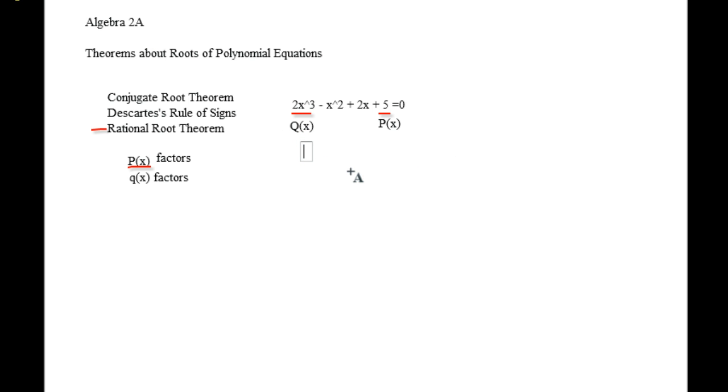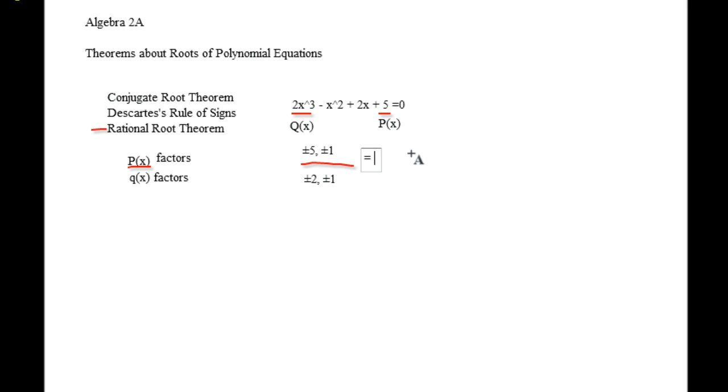We're going to have the factors of 5, which are plus or minus 5, comma, plus or minus 1. Those are the factors of 5. Makes sense. Okay, and I'm going to divide that by the factors of 2, which are plus or minus 2, comma, plus or minus 1. All right, so what I'm going to do is do a combination thereof.